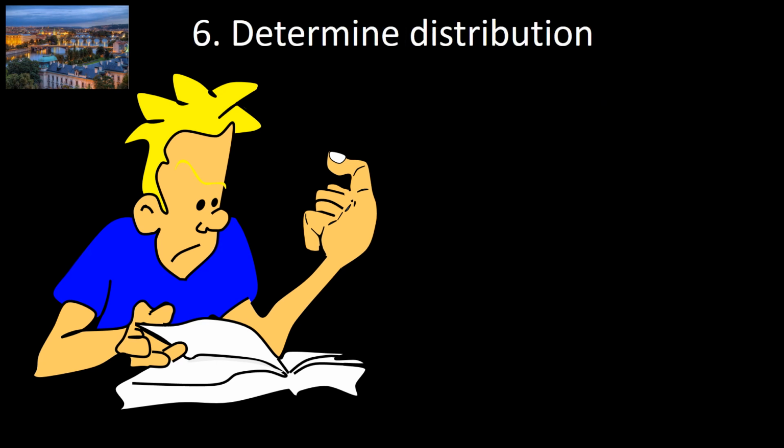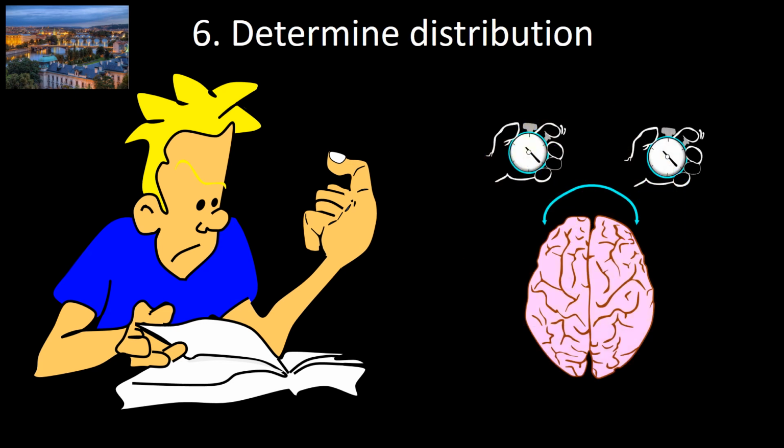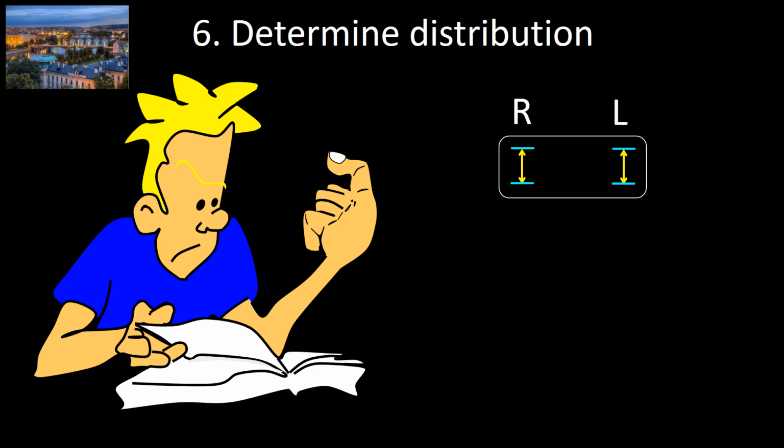The distribution of the field is midline, usually very localized to the CZ electrode region, and it is therefore synchronous and symmetrical.